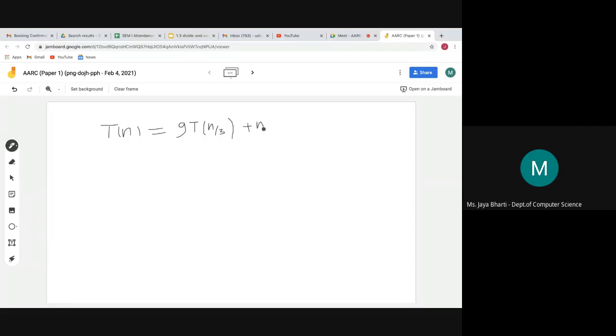Okay, so if this is the recurrence relation given, you can see that it is in the form of the master method. So you will start comparing.